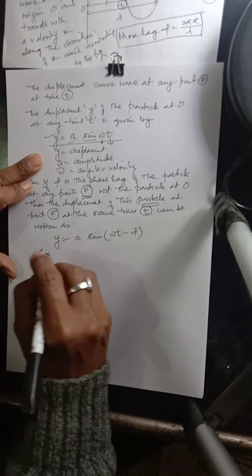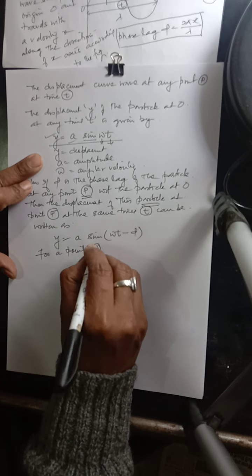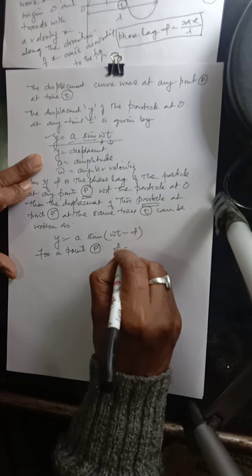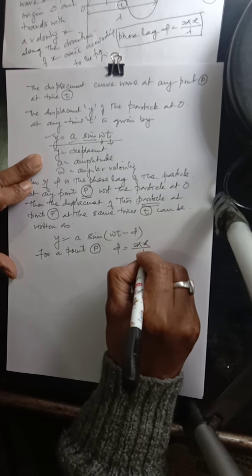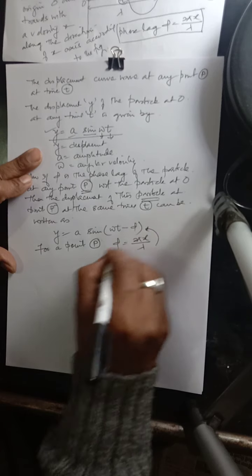So for a point P, what is the phi? That is 2 pi x by lambda. That is the phase difference. So we'll put it here.